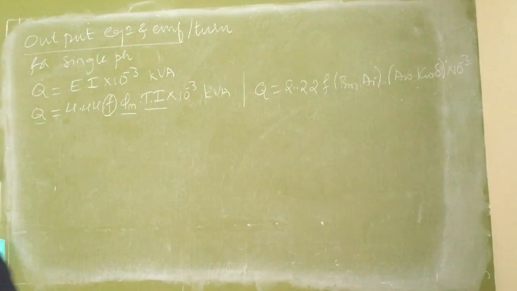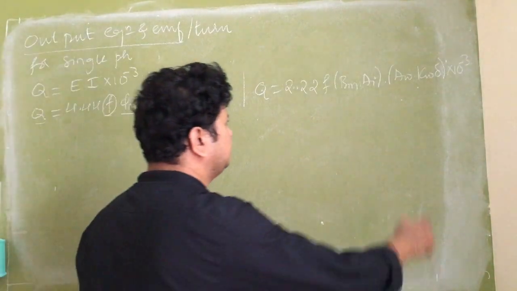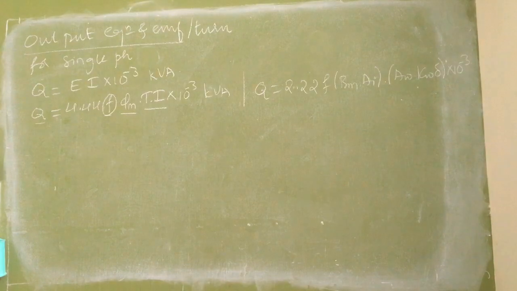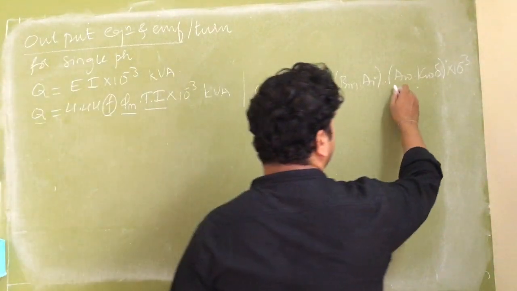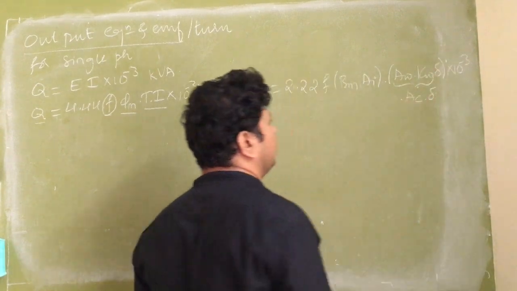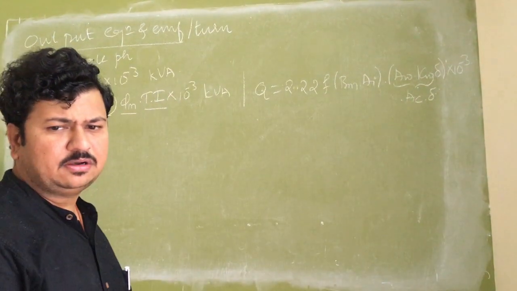So in place of phi m, I placed Bm into AI. In place of ampere turns IT, I placed AW KW delta. So AW KW, I will rewrite as AC into delta, for the time being, to understand.